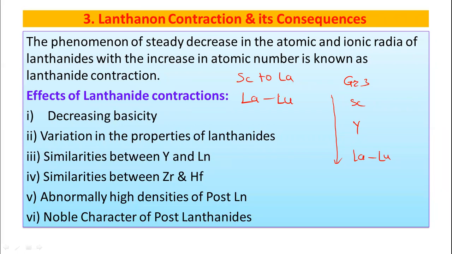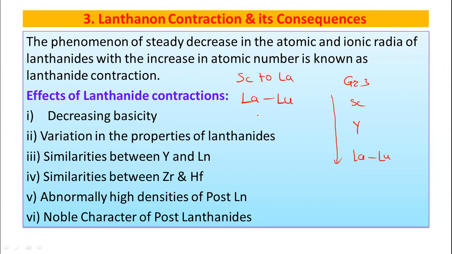It means that whatever the trend, that trend is not followed by the lanthanoid elements. There is a steady decrease in the atomic and ionic radii of lanthanides with increase in atomic number. And that effect is known as lanthanide contraction.